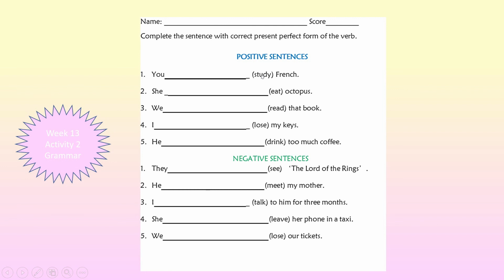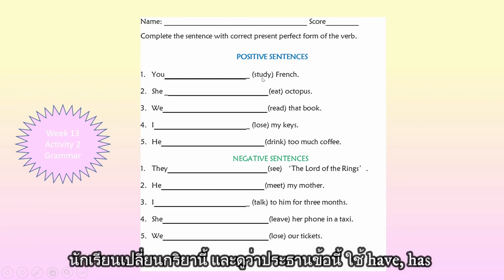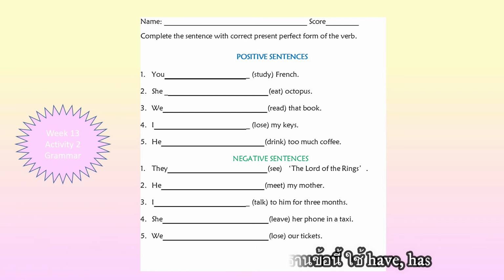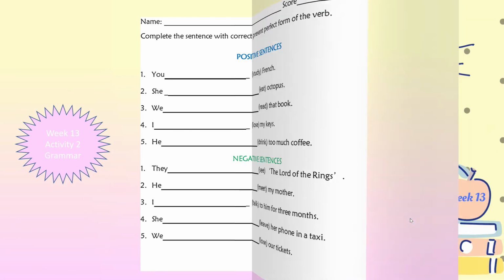You have to change it into the past participle form, and put has or have after the subject. So what is the past participle of study? You can refer to your book or you can search online.